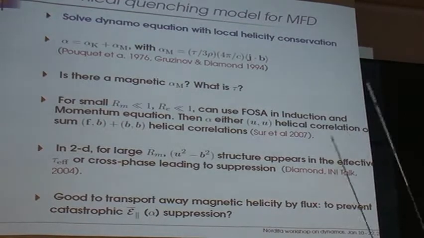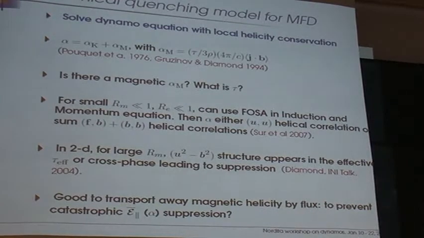Then you will first calculate the U from the momentum equation, and then cross it with the actual B, and calculate the alpha effect. So there are 3 different methods of calculating the alpha effect. And because this system is exactly soluble, you have to get, by construction, the same alpha.